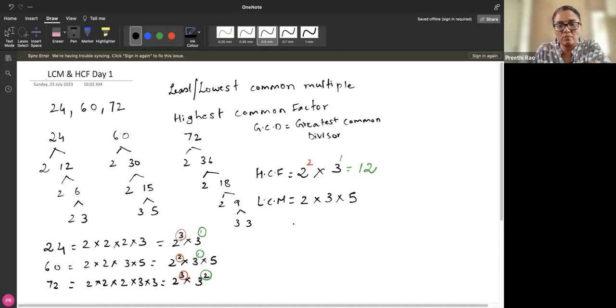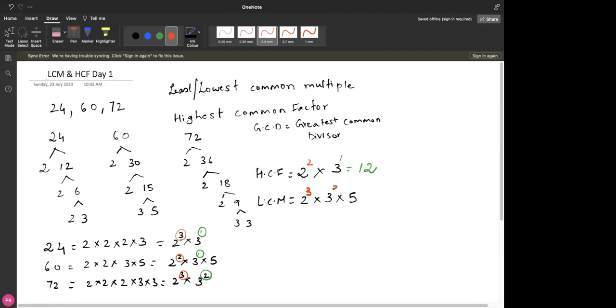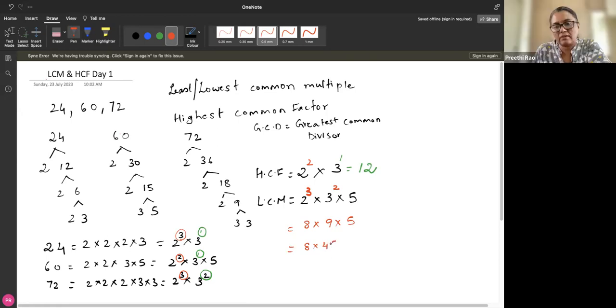But instead of the smallest exponent, we have to now choose the biggest exponent, because the LCM is nothing but a certain combination which will contain the prime factorization of 24, 60, and 72. Yes. So the LCM is 360.